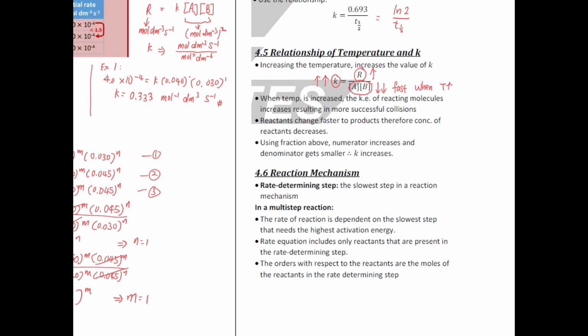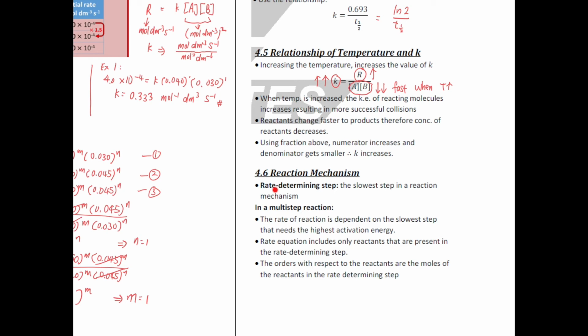The rate determining step is very important because it is slow. If it is slow, the overall rate depends on this rate determining step. For example, when you cook, let's say cooking takes a lot of time. Because of that, you want cooking to finish quickly, so you have to pay more attention to the slow part of cooking.